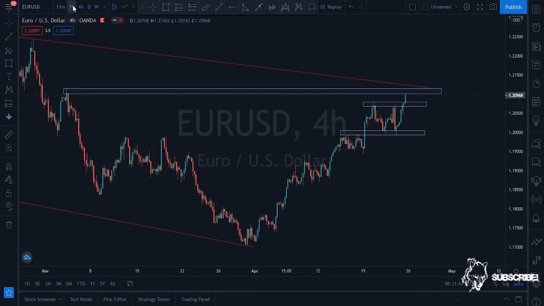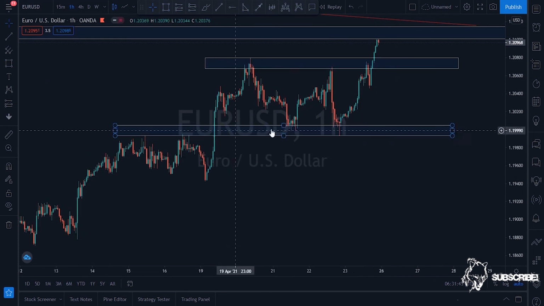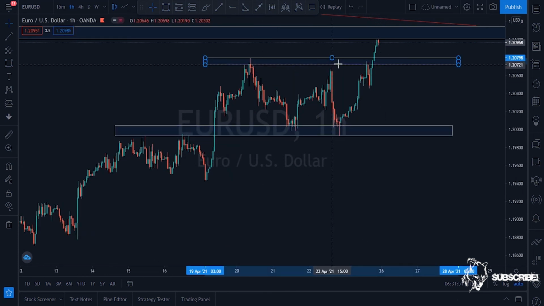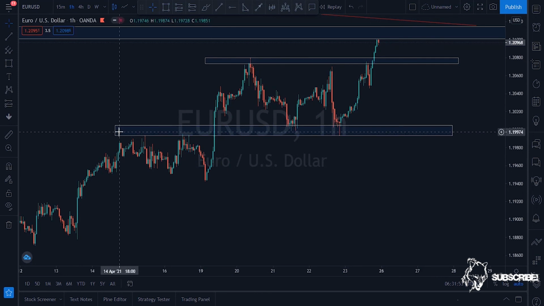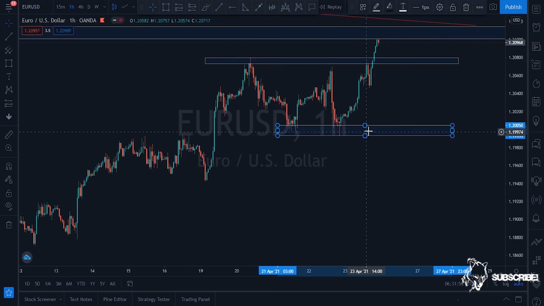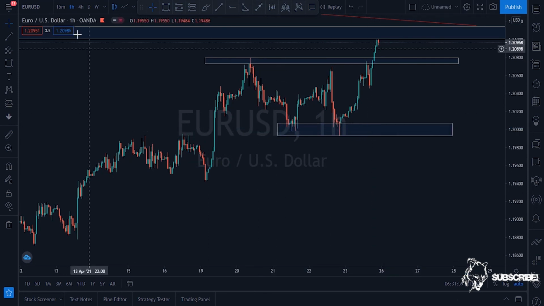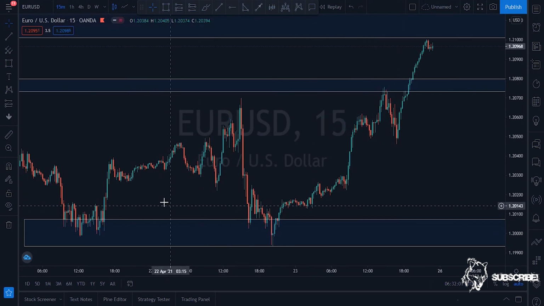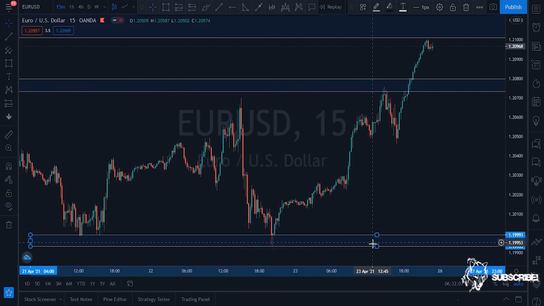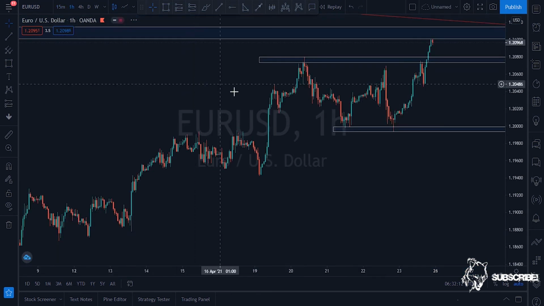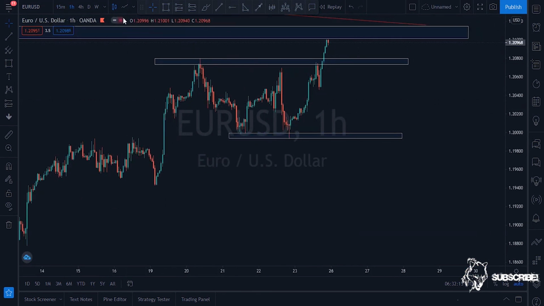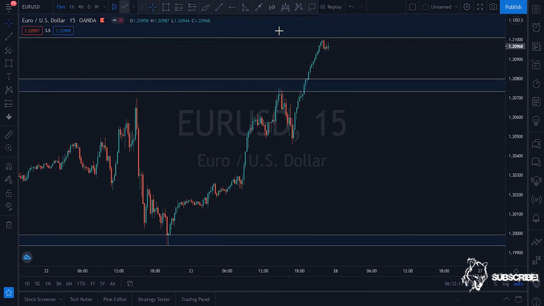So we're seeing that for Euro USD, let me just check a bit of this. Okay, let's move this one close. Okay, let's go to a 15 minutes to draw this one better, to make it much better. So now we're anticipating that Euro USD had an impulse move there.